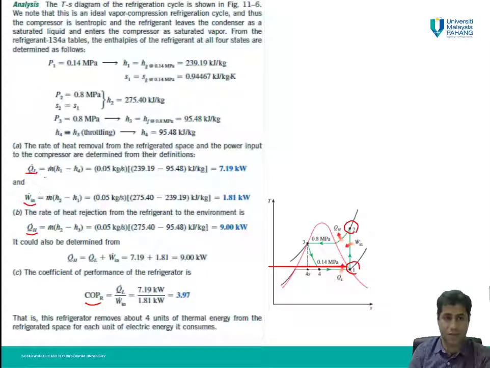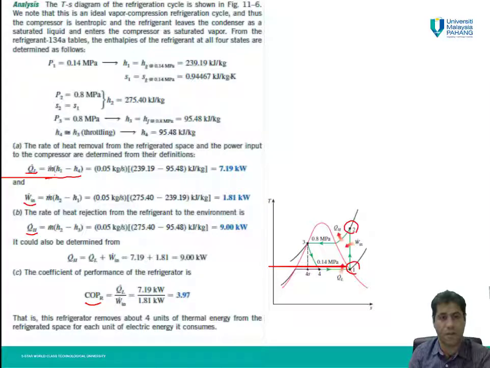Then you can see here, same for W dot in, which is in this process from state 1 to state 2, and Q dot H from state 2 to state 3. In other words, M dot times H2 minus H3, and Q dot L is in this process, M dot times H1 minus H4.